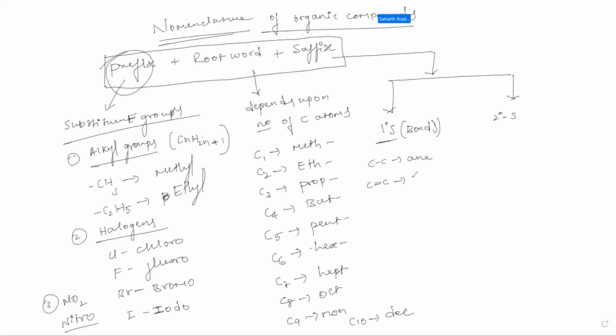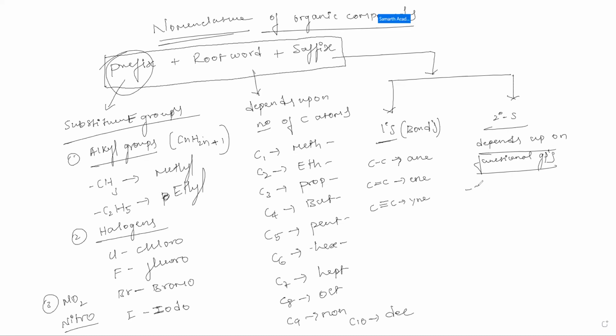If it contains a carbon-carbon double bond, it is ene. If it contains a carbon-carbon triple bond, it is yne. That is the suffix for alkane, alkene, and alkyne. The secondary suffix depends upon functional groups.